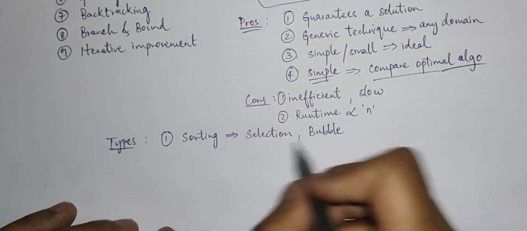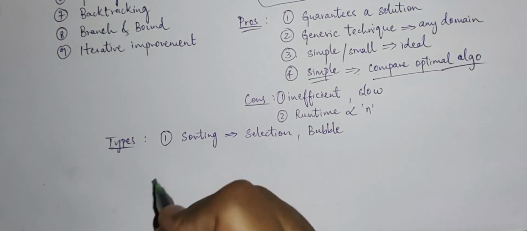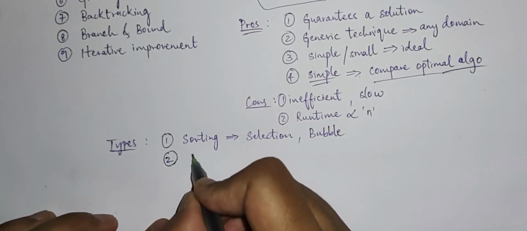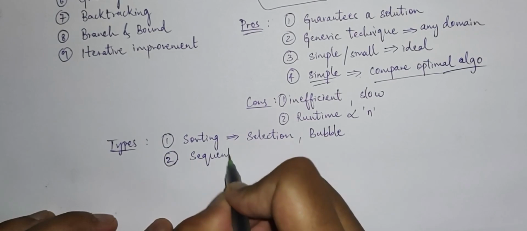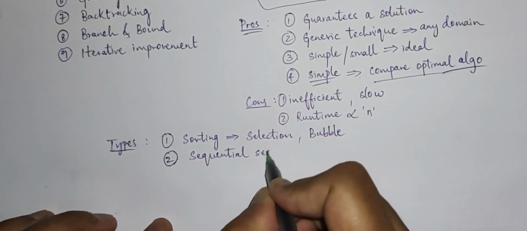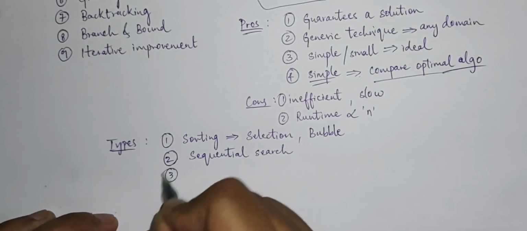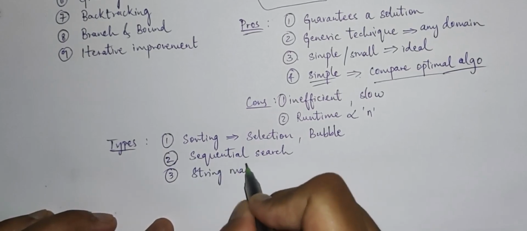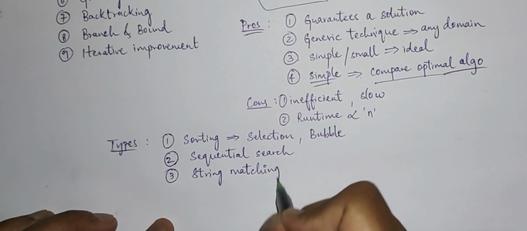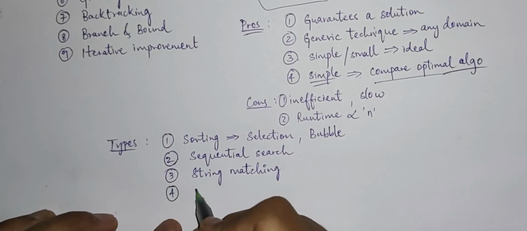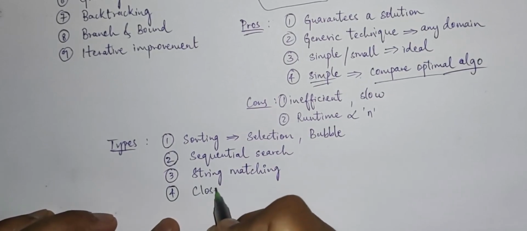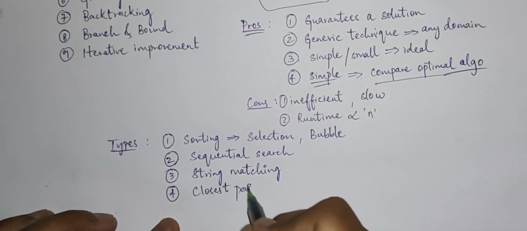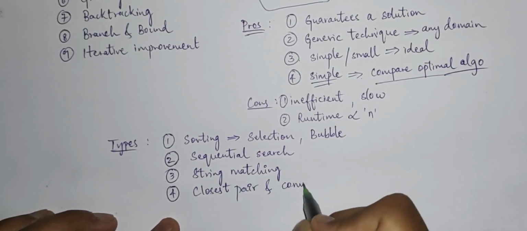We will see both of these algorithms in the upcoming videos. Apart from that, we have the sequential search or linear search problem. Then we also have some string matching problems. We will see how we can perform string matching using brute force. Then we will also see the closest pair problem, and then the convex hull problems.